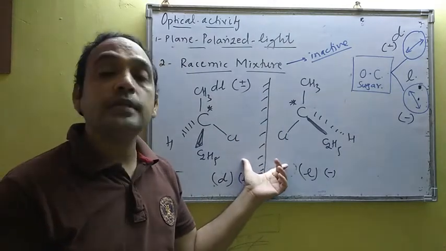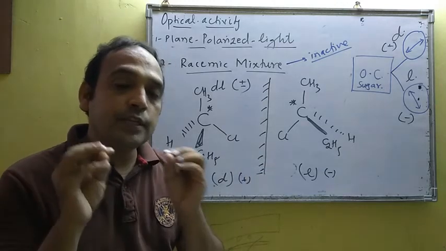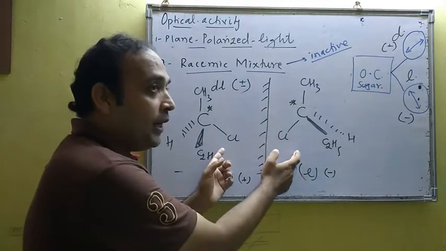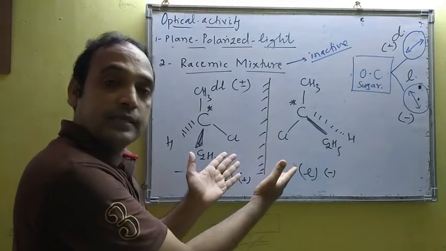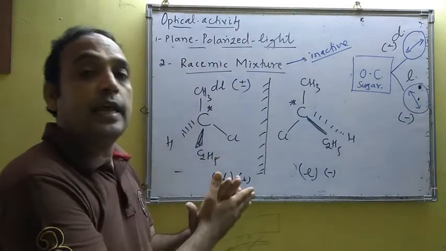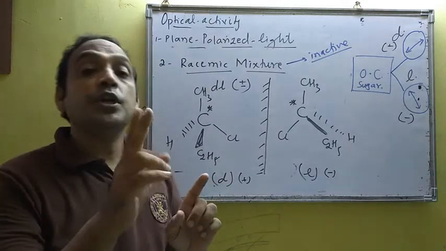And what are the characteristics of enantiomers? Enantiomers have the same physical properties: boiling point, melting point, density, refractive index are the same because the molecular formula is the same, but the sign of rotation will be different.